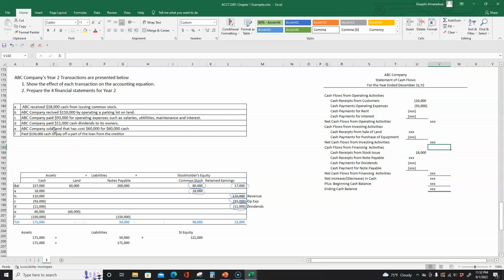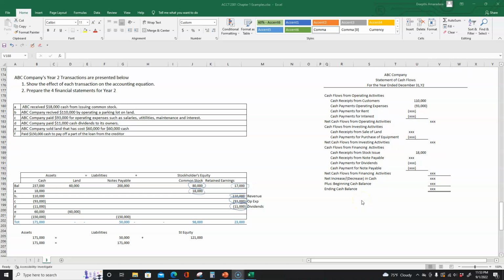Let's move on to the next transaction. Transaction D. So that's 11,000. You see the 11,000 as a negative number here. It says ABC Company paid $11,000 cash dividends to its owners. So this is dividends. Which section of the statement of cash flows do dividends go to?